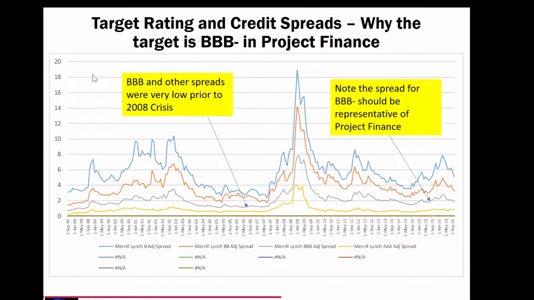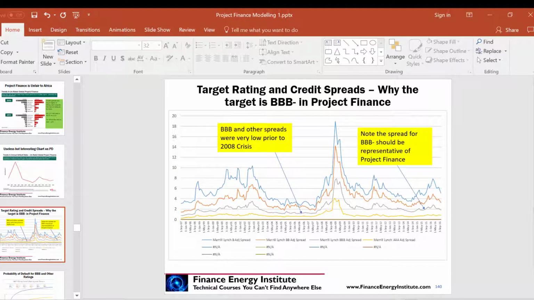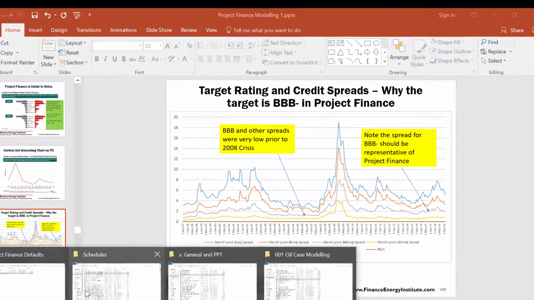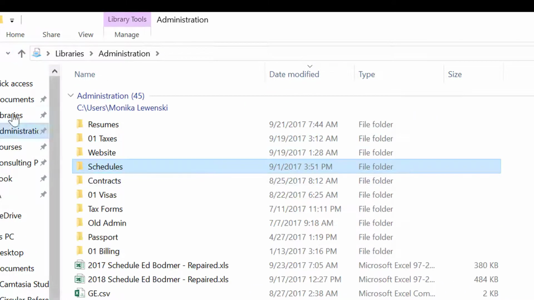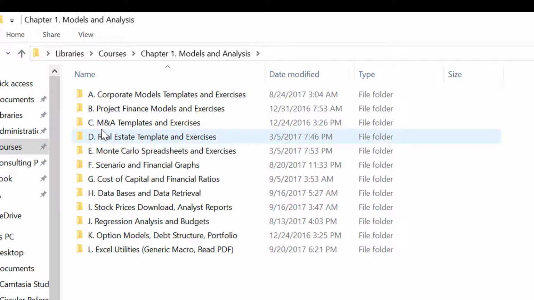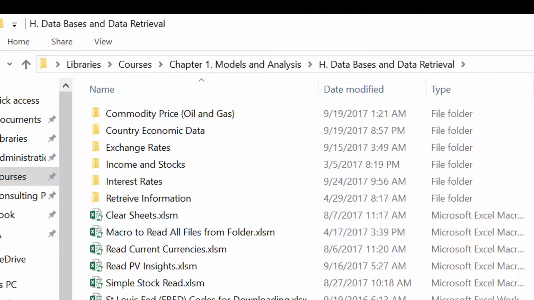Okay, now let's talk about the credit spreads and why this stuff is so unfair. We said triple B is kind of the bond level. Now, if you go to the disk, and I hope you look at this, I worked on this. If you go to Chapter 1, I worked on this a lot, the databases and data retrieval.